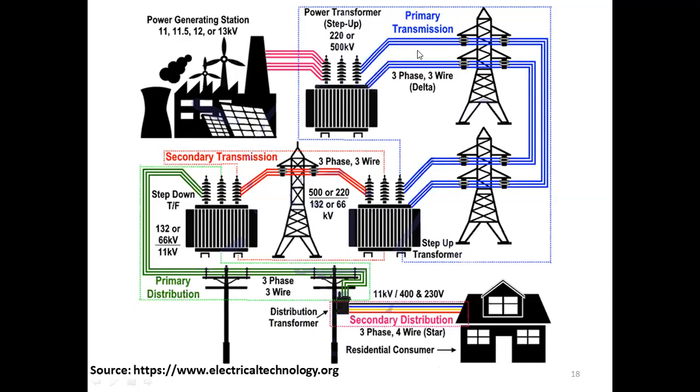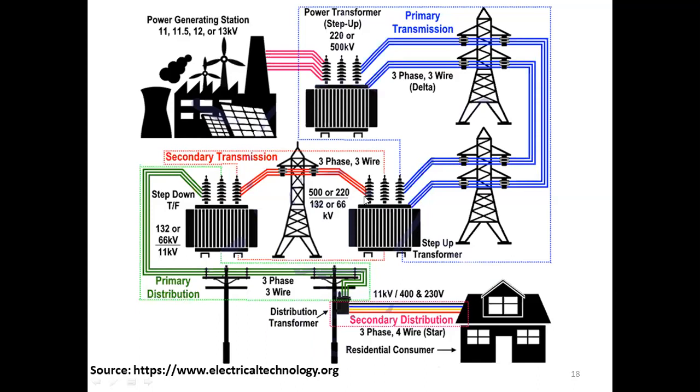Then that is given to the primary transmission system, right? Three phase, three wire delta connected system. It is given to another transformer, from which we step down that 220 kV to 66 kV.